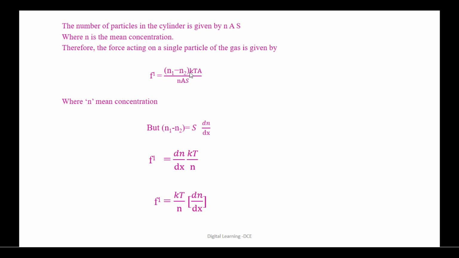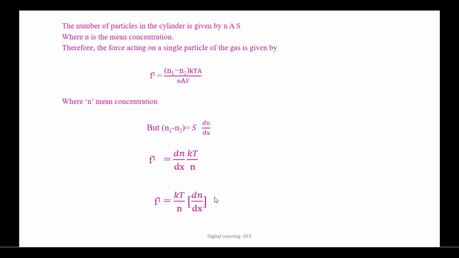Also we have N1 minus N2 is equal to S into dN by dx. On substituting this value in the above equation, we get F dash is equal to dN by dx into kT divided by N.